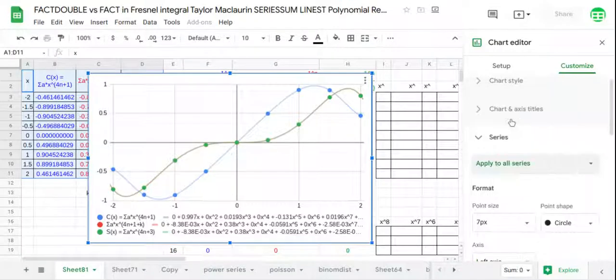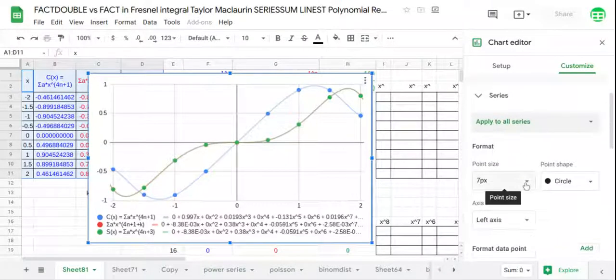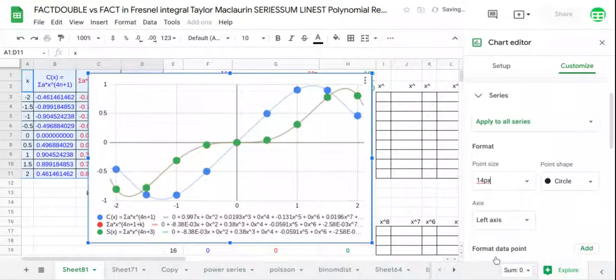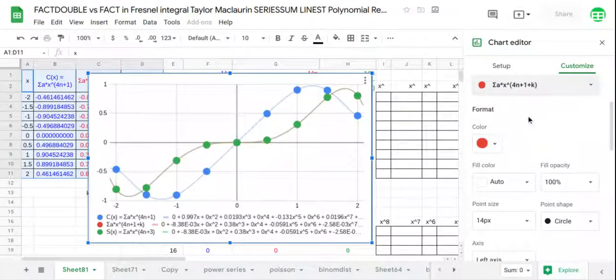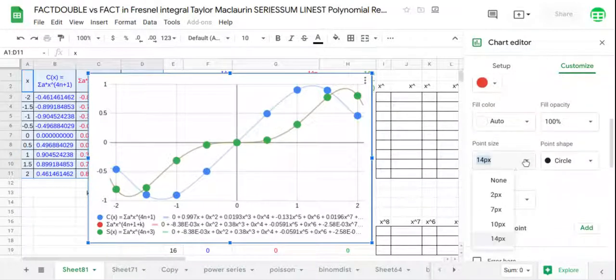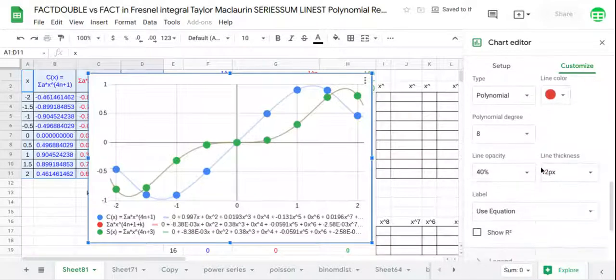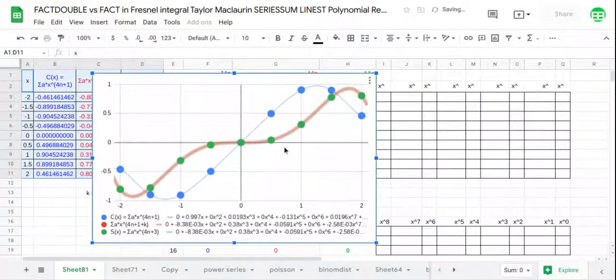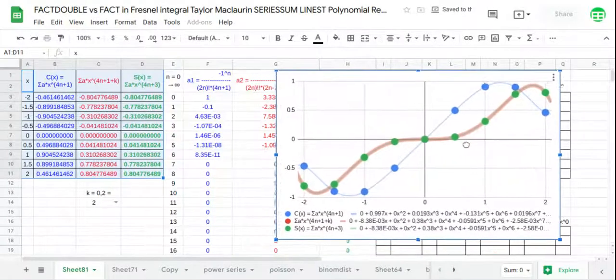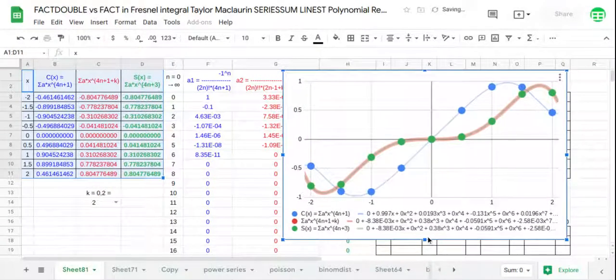Now for all series, point size is maximum, except for the red one, which is the expansion for both. The point size will be none, but the line thickness will be maximum. So here's our trend line and polynomials of the Fresnel integral cosine and sine.